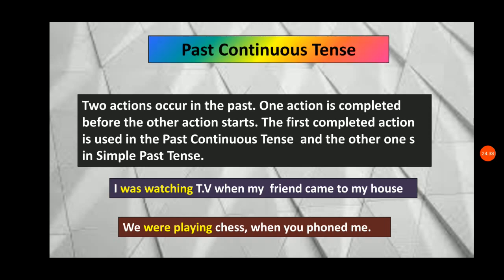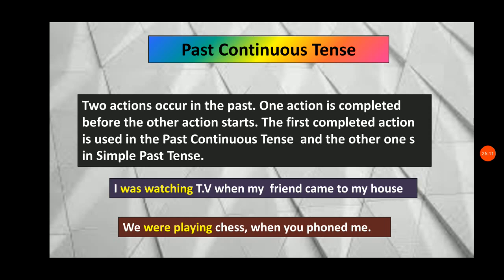Now, two actions occur in the past. One action is completed before the other action starts. The first action is used in the past continuous tense, and the other one is in simple past tense. Here we can say simply that two actions would have taken place in the past: one going on continuously, and another a short one.